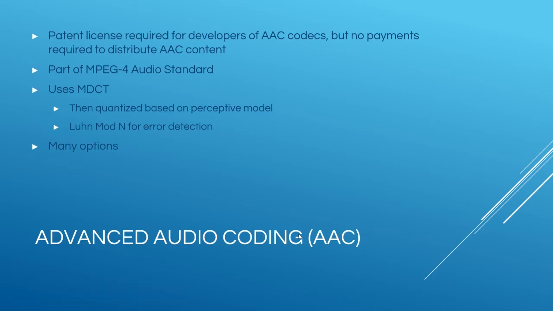It's not open source, so it's somewhat subject to patent license. Developers of AAC codecs must have a patent license, but no payments or royalties or anything are required to distribute or play AAC content. AAC is part of the MPEG-4 audio standard. The audio component of an MPEG-4 video file is usually encoded in AAC.